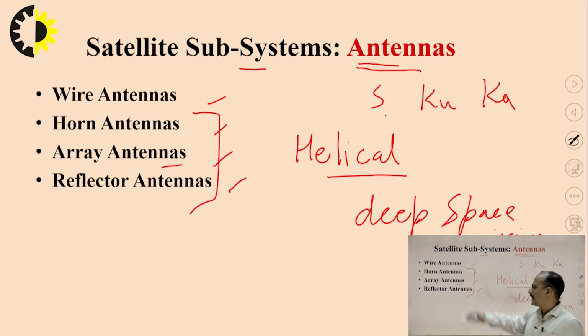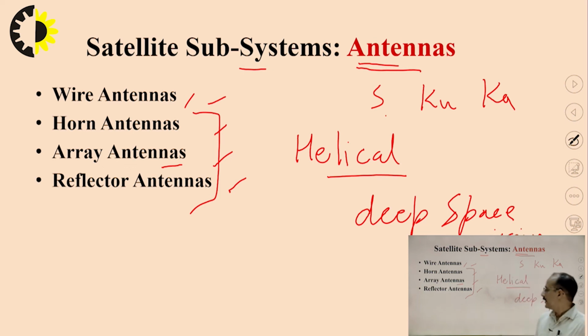The antenna array is somehow also related to the wire antenna, but broadly you can identify one point: an antenna array is a group of antennas. You take various antennas of similar structure and make a group of them to increase the directivity and gain of the antenna.